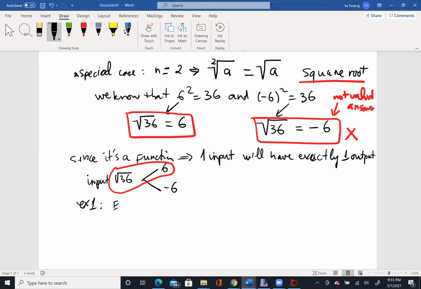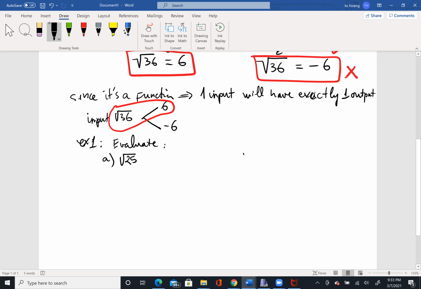Evaluate: a, square root of 25; b, square root of 4 over 9; and c, square root of c squared. Okay.